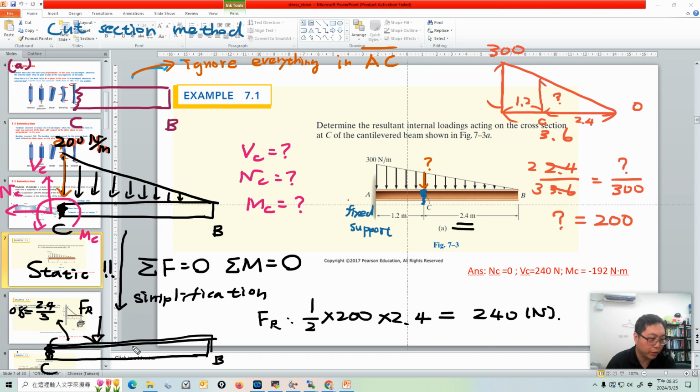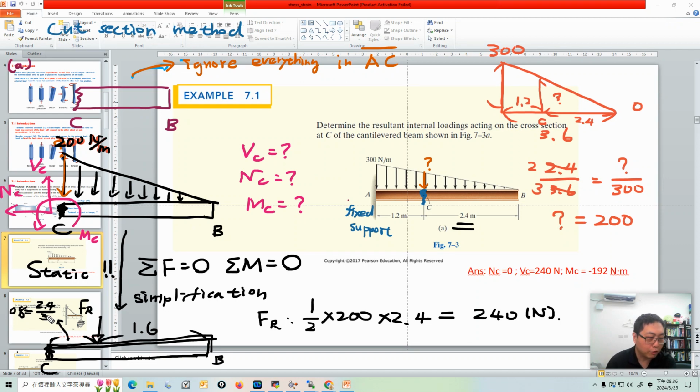So this is 1.6, and this is 0.8. Remember the centroid of a right triangle. I don't want to explain this anymore. You should memorize this or take note of it. It's very important and used a lot. The position is just the centroid of the area, 2.4 divided by 3.